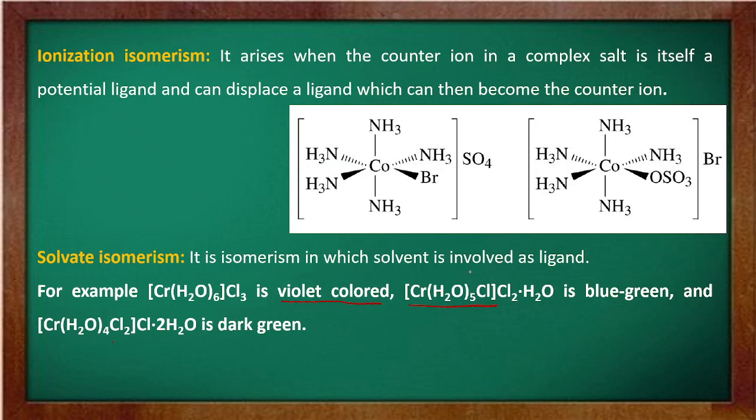So these are all examples of solvent isomerism, which tells us whether water is present or not. If water molecules are present in different numbers either inside the square bracket or outside, they impart different properties, like violet color, blue green color, or dark green color.